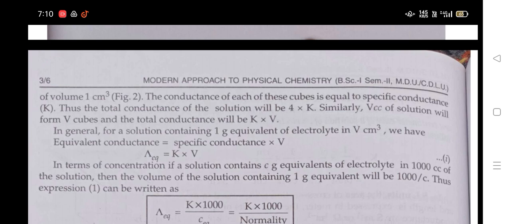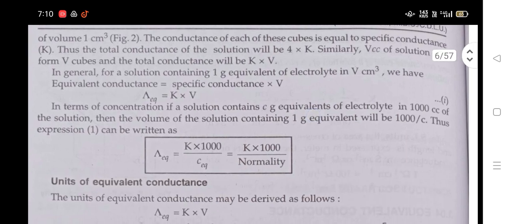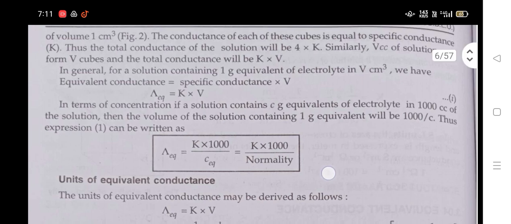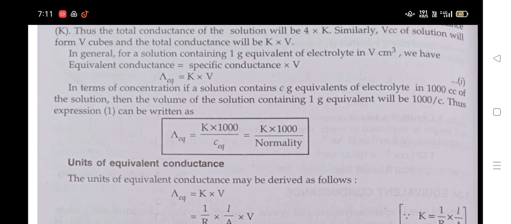In general, for a solution containing 1 gram equivalent of electrolyte in V centimeter cube, the equivalent conductance is equal to specific conductance multiplied by V. In terms of concentration, if a solution contains C gram equivalent of electrolyte in 1000 centimeter cube of the solution, then the volume of the solution containing 1 gram equivalent will be 1000 by C. This expression can be written as lambda equivalent is equal to kappa multiplied by 1000 by concentration equivalent, that is equal to kappa multiplied by 1000 by normality.